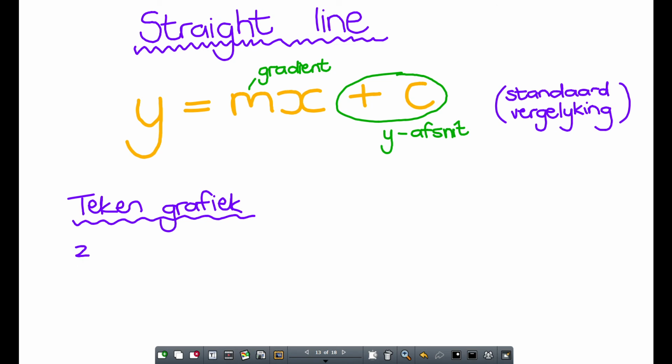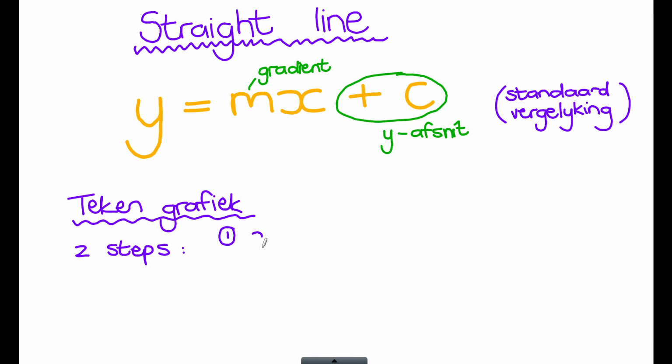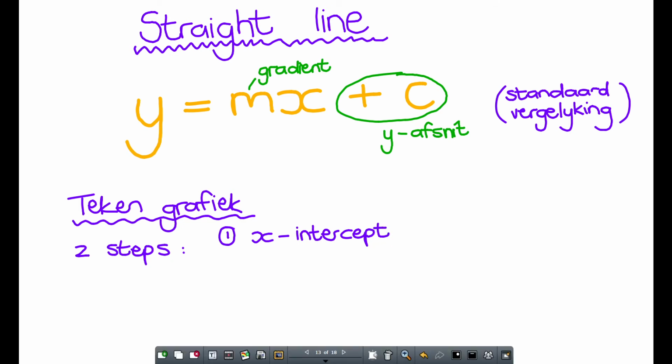You have got two steps that you have to follow. Step 1 is get the x-intercept. Now, how do we get the x-intercept?